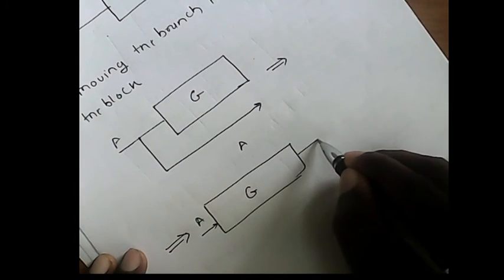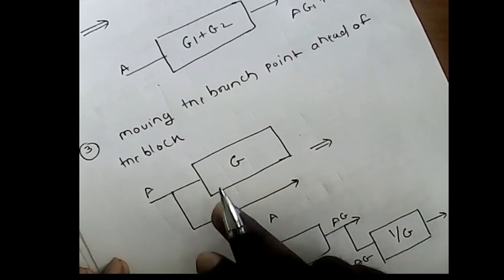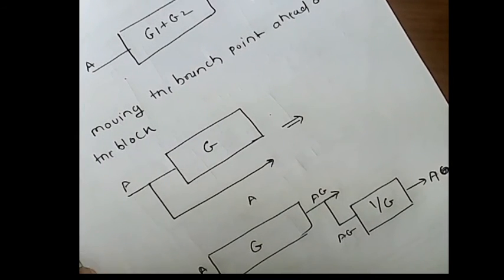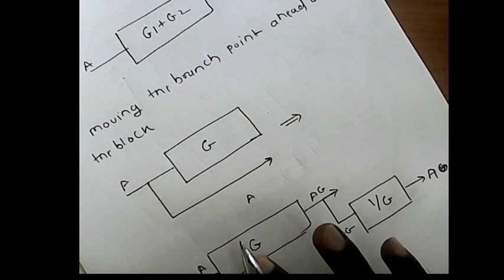So here is A, the gain, then we apply a reciprocal, 1 by G, of this block, and here the output is AG. So the output will be equal to A. So whenever you move the branch point ahead of the block, take a reciprocal, multiplied by 1 by G, and you get the branch point moved ahead. The output is the same as the input.